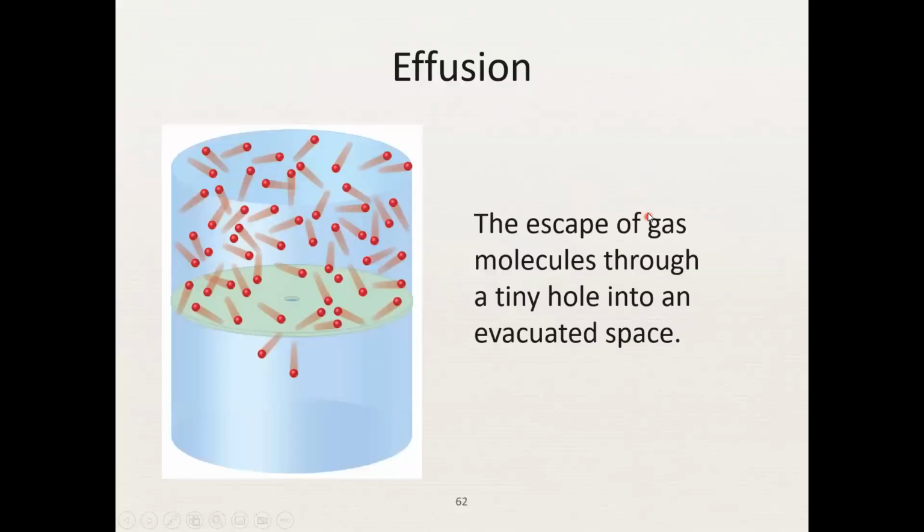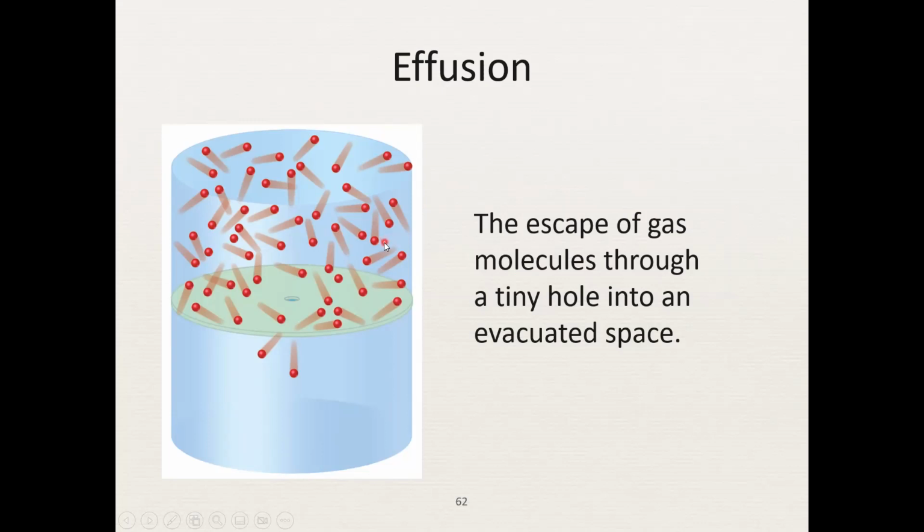And then if we look at some movement of gas particles, what some sort of processes that can occur are, effusion is going to be one of them, and then we'll see diffusion on the next one. But with effusion, we're looking at a gas essentially just escaping through a tiny hole.